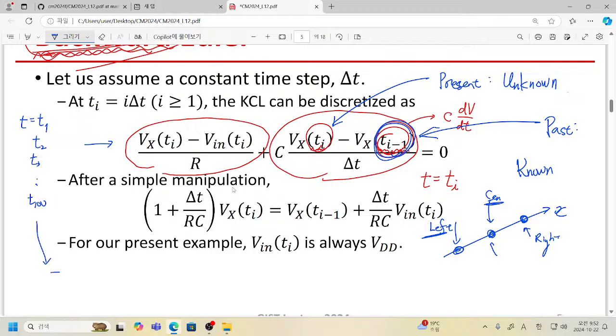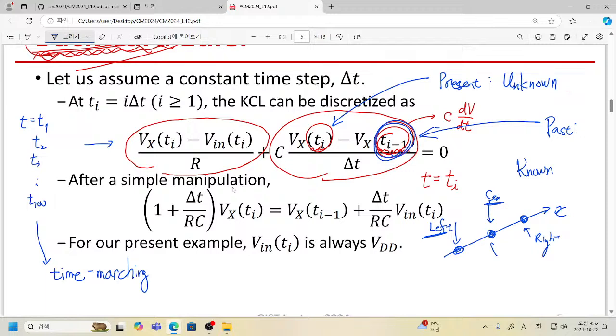Time treatment is usually called time marching. So we don't solve the entire time transient at once, but starting from the initial solution, we slightly go to the next point. You know that this is quite natural because space and time have differences.